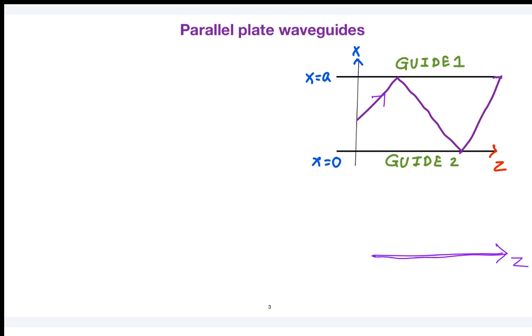Good, X and Z. If you consider this the direction of propagation, one component is along the axis, that is Z, and there is another component between the walls, along the X direction.